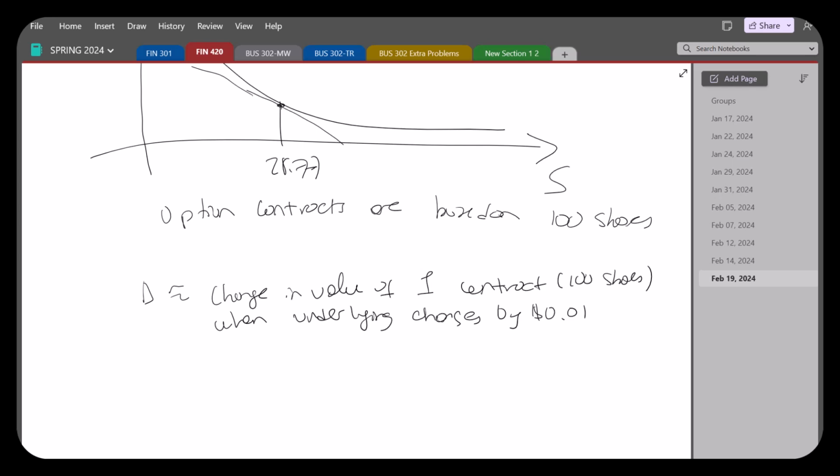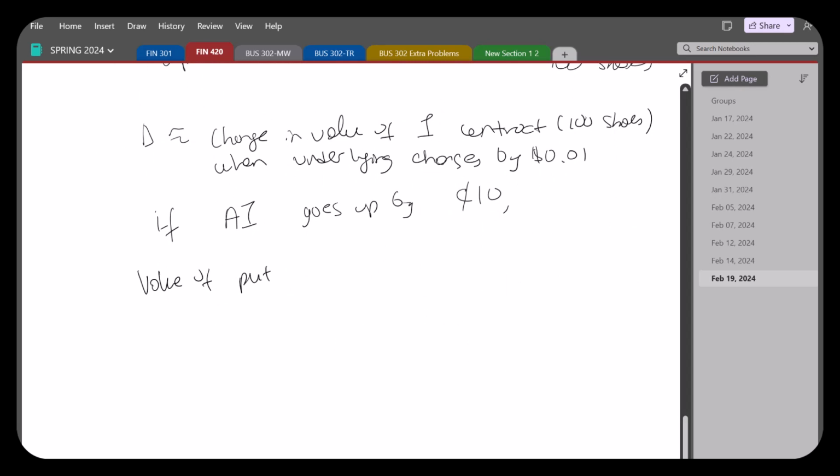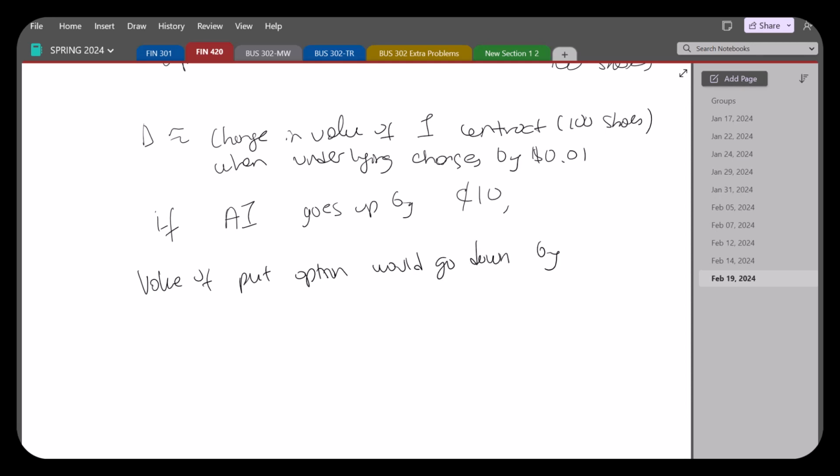If you wanted to estimate how much it would go up by a larger quantity, so if AI goes up by 10 cents, then the put option would go down by 10 times delta, which is 10 times 0.4521.